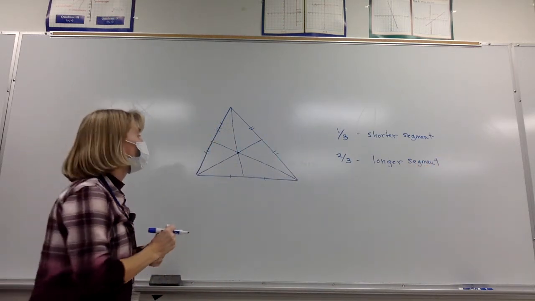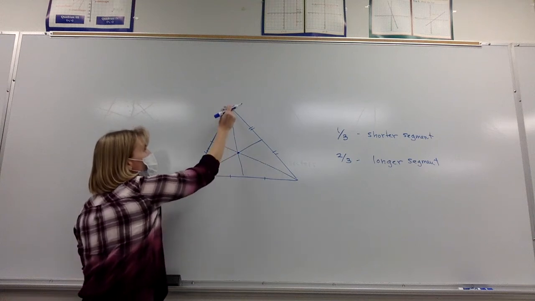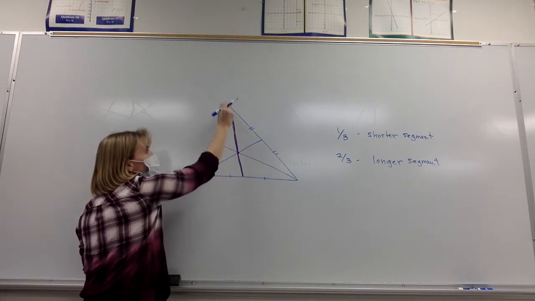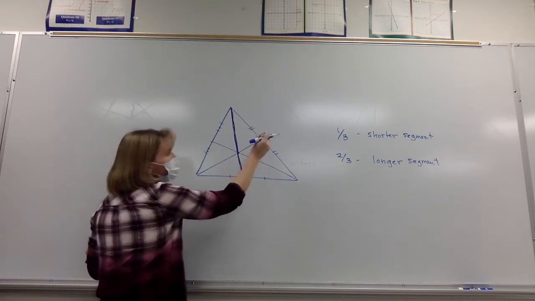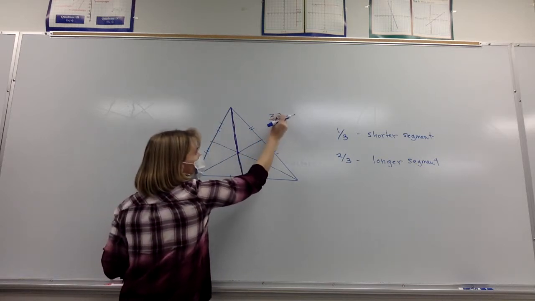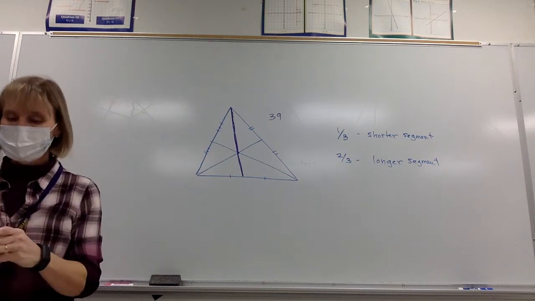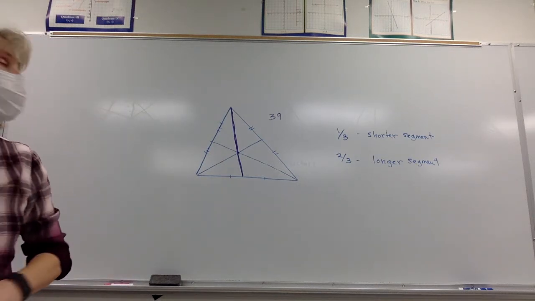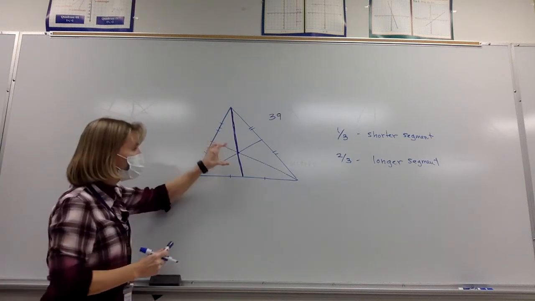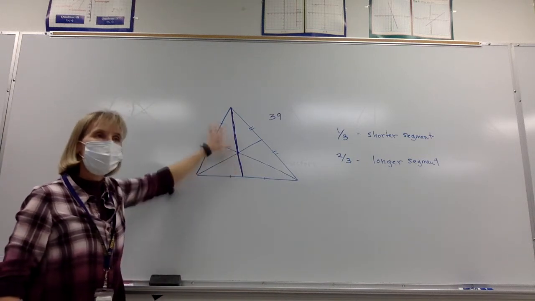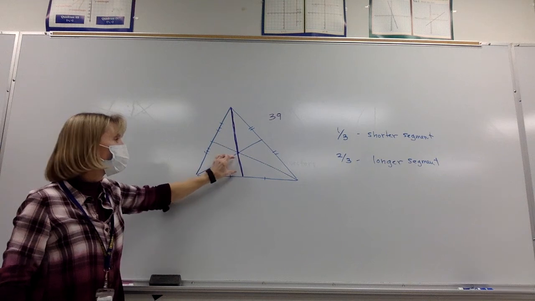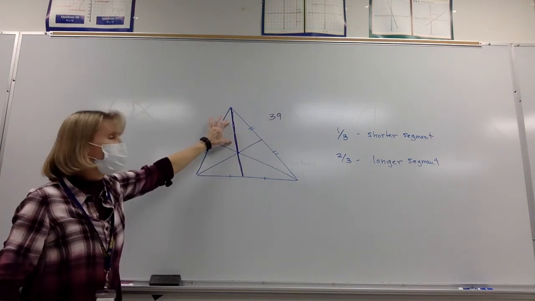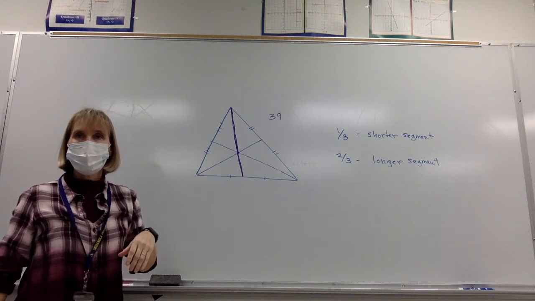Okay, so if I were to take any median, here's a median right here. And if I were to tell you that the distance of that median, let's say that's 39 for a total distance. You want to break that into thirds, because the shorter piece, and when you look at the picture, you're always going to be able to tell this looks shorter than that one, doesn't it? So the shorter piece is 1/3 of the total, and the longer piece is 2/3 of the total.